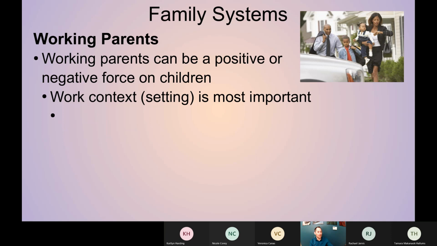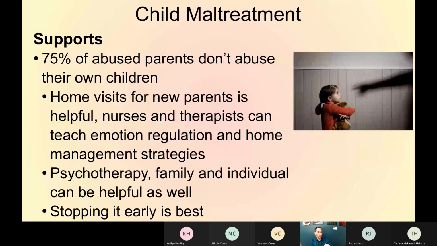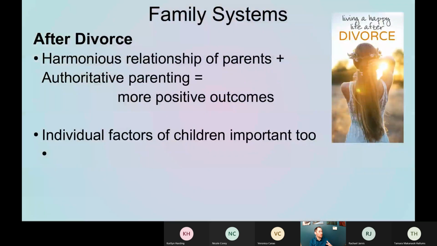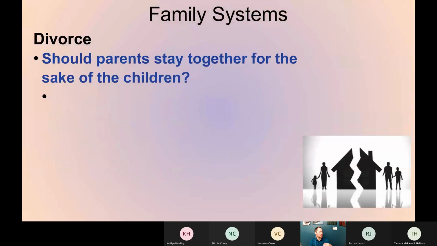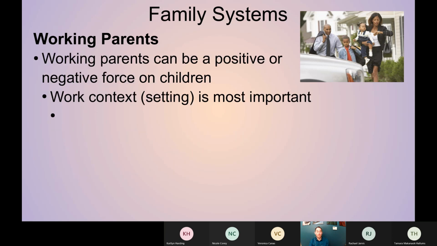So if you think of Lerner's bioecological systems theory and the models that we've shown, so the circles that are bidirectional interacting, so that workforce, that parents working, can be a positive or a negative impact on children.